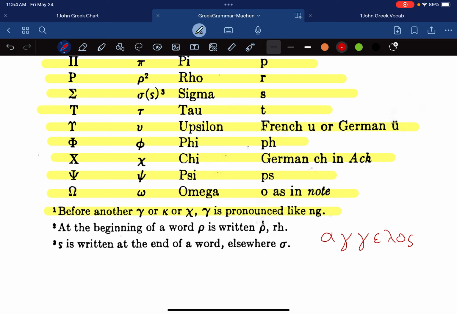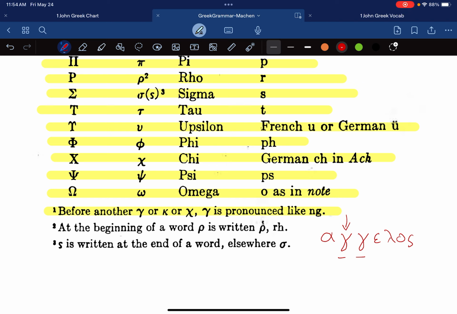And if you'll notice, we have two gammas here. The first gamma will be pronounced with an N sound. And so this is not agelos, this is angelos.